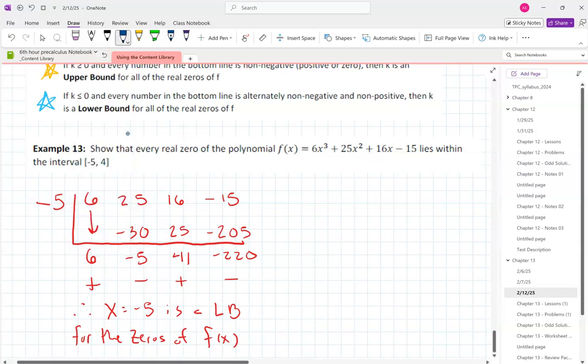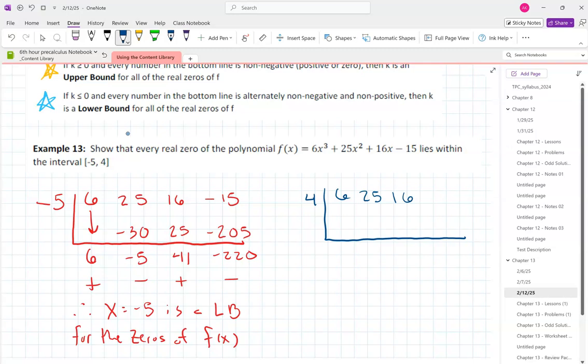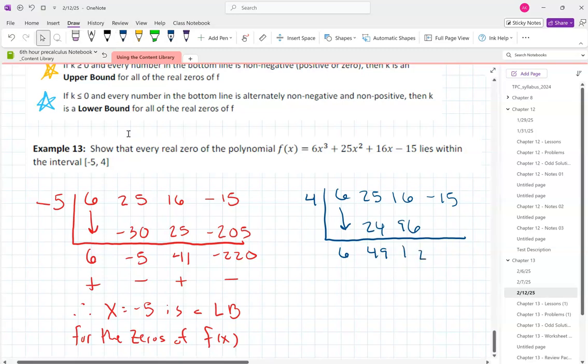I don't actually have to solve anything. And likewise, if I do the positive value, oops, that's not, it's 12.